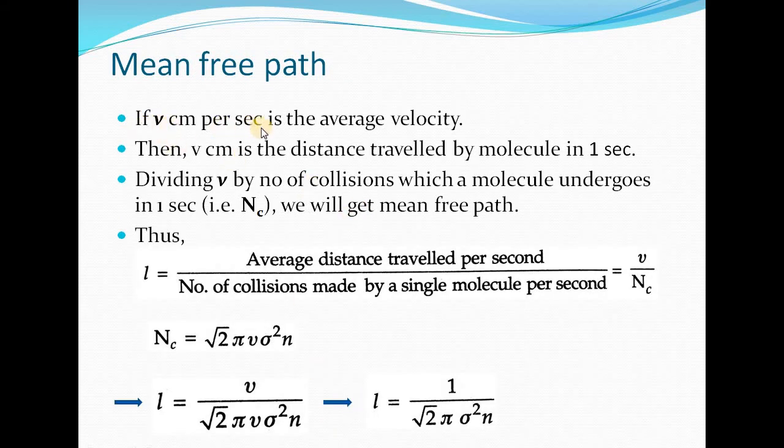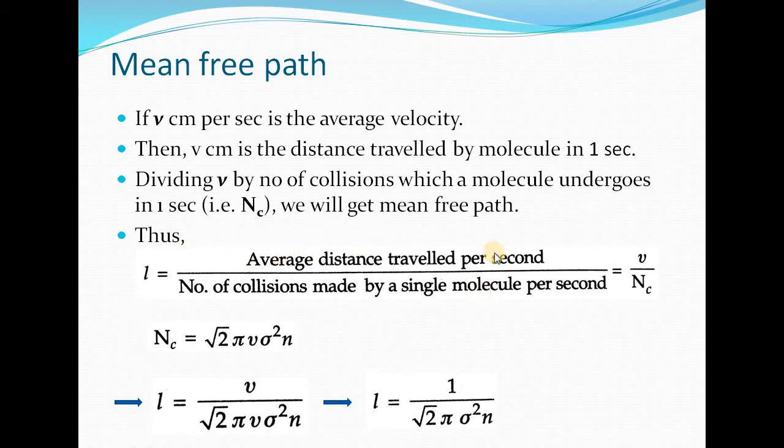Suppose v centimeter per second is the average velocity. So in 1 second the distance traveled by the molecule is v centimeter. Now we divide this v by the number of collisions which a molecule undergoes in 1 second. We have the total distance traveled by a molecule in 1 second, that is v, and the total number of collisions made by a molecule in 1 second, that is nc.